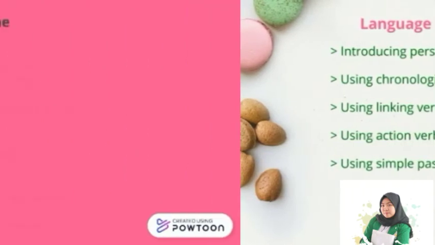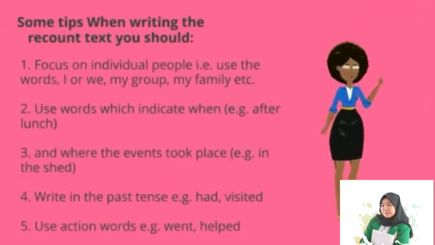And now I will give you some tips when you're writing a recount text. You should, first, focus on individual people. For example, use the word I or we, my group, my family, and so on.